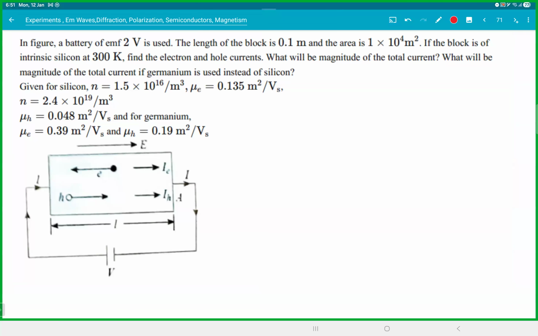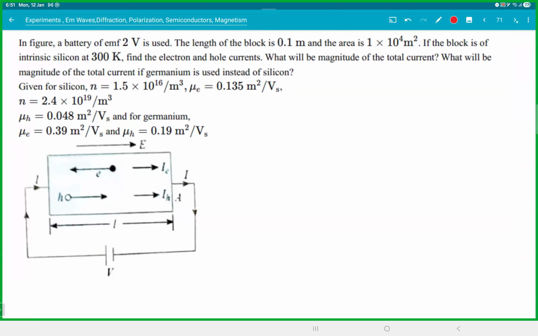Semiconductors. You guys remember what the symbol mu is? Mobility. Remember what is mobility? Drift velocity per unit electric field. So that is called mobility.